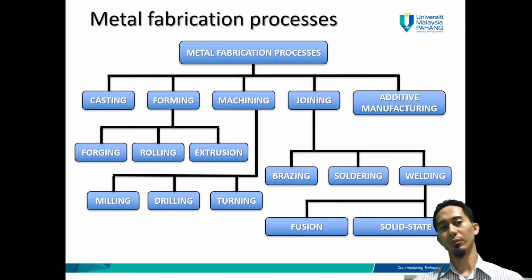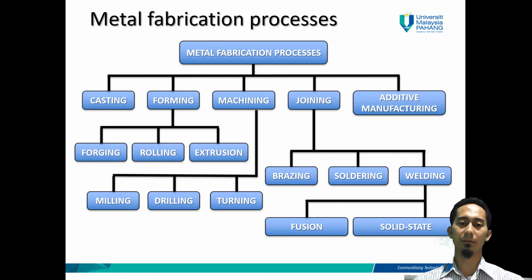And in welding, we'll also look into diffusion welding and solid state welding. Finally, we'll touch upon the relatively new manufacturing process, which is additive manufacturing, and that will encompass all the various processes involving metal.